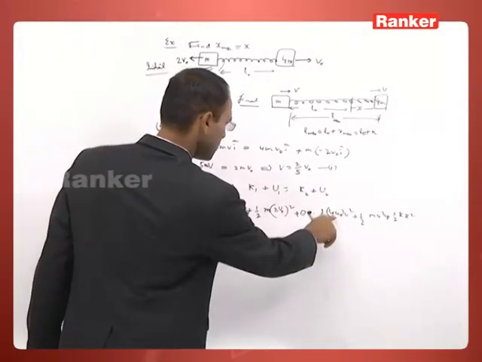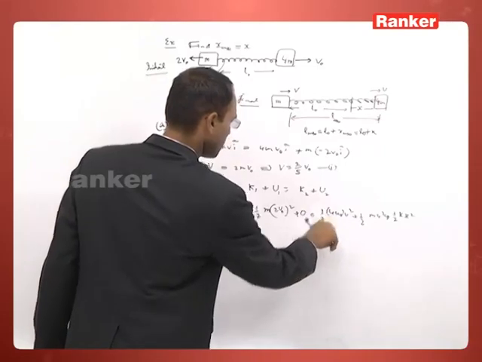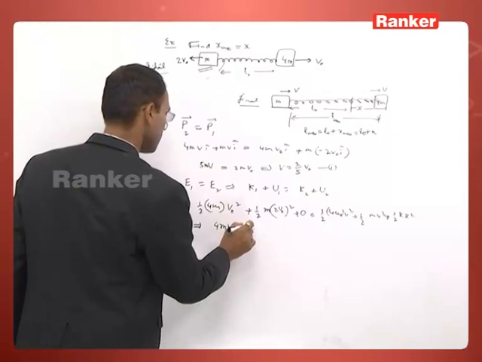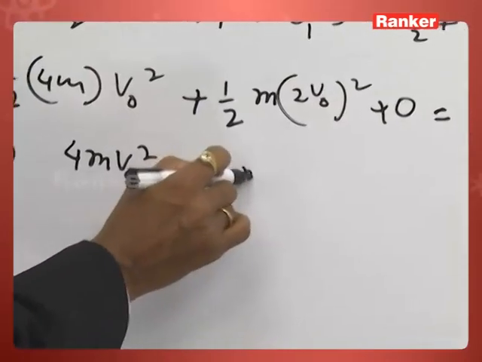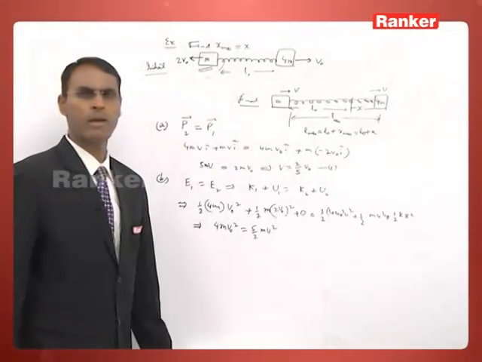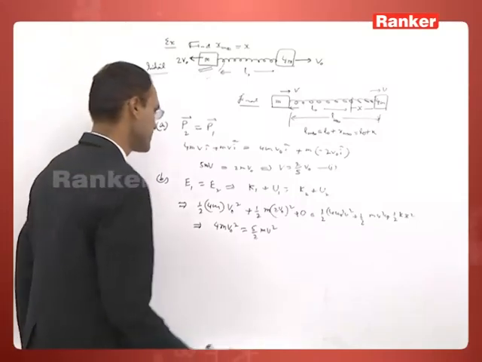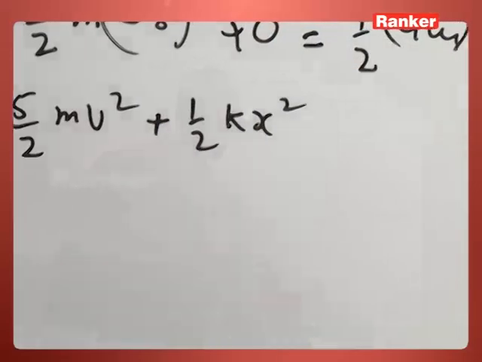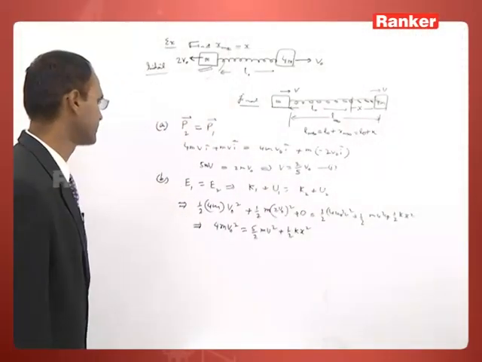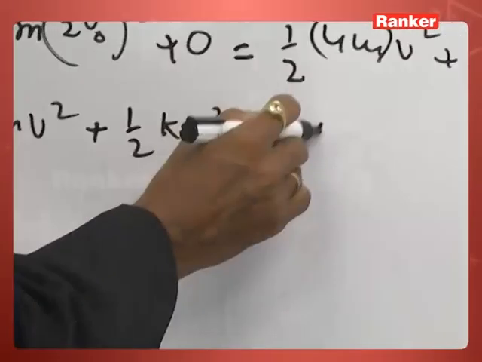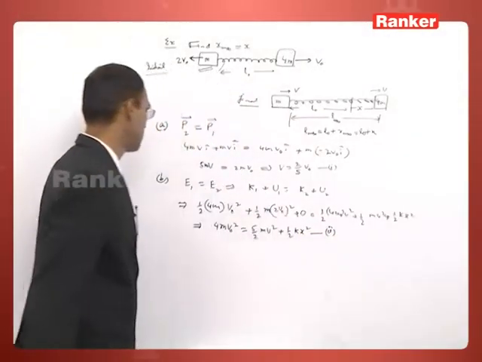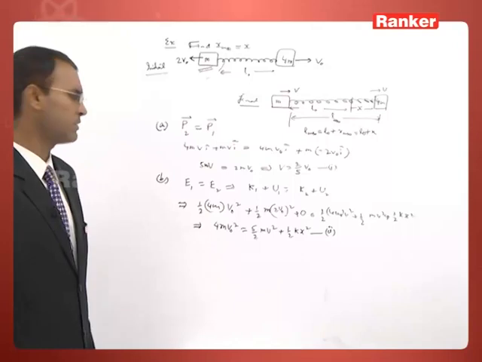On the right hand side you are getting 2m v square plus half m v square, that is 5 by 2 m v square, plus half kx square. This is the equation we are getting from energy conservation.